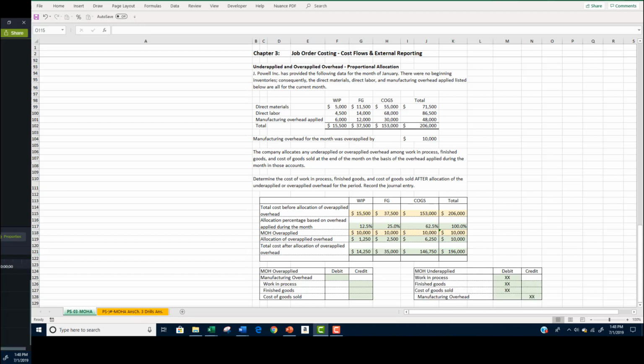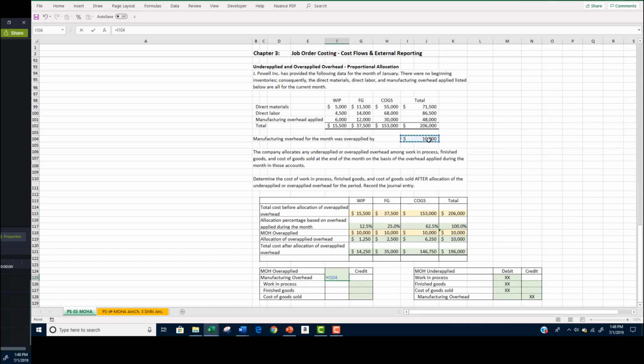The final step is the compound journal entry. Remember, simple journal entries have one debit and one credit. Compound entries have more than two accounts involved. Since we are over-applied, we need to debit the manufacturing overhead account for $10,000 to zero out the account.